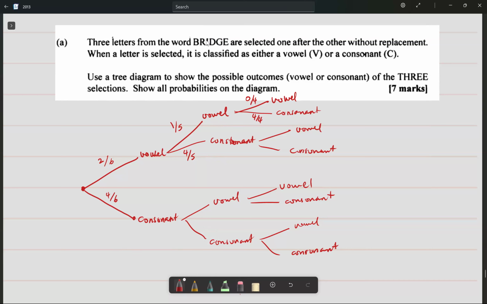So we have 1 vowel gone, 1 consonant gone. For the vowel, we're going to have 1 vowel left out of 4 letters, and 3 out of 4 of those are consonants. Same process is repeating. This time, we're going to start from the beginning.